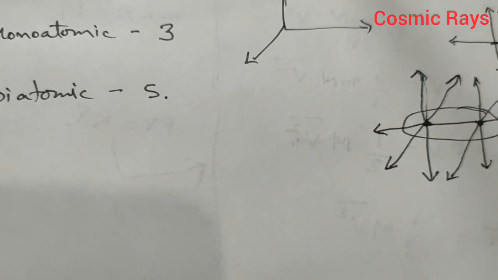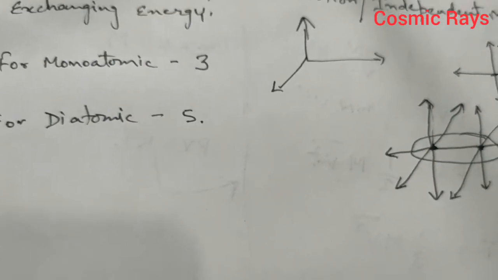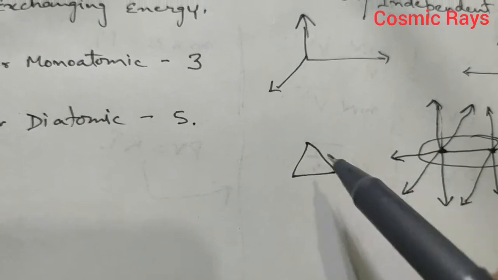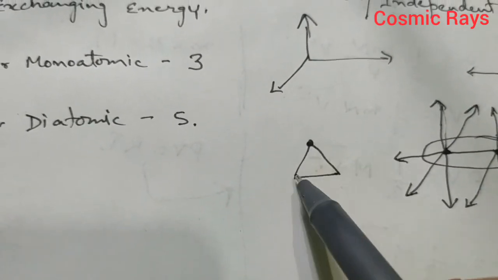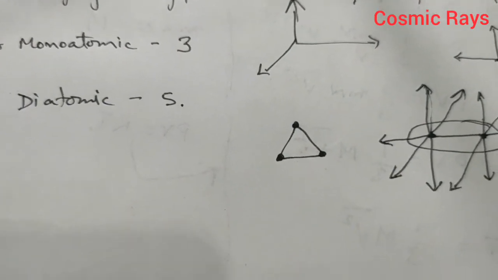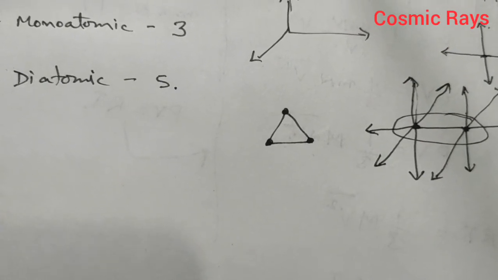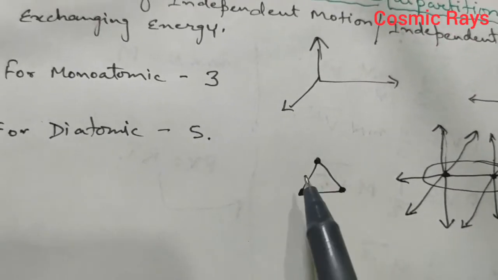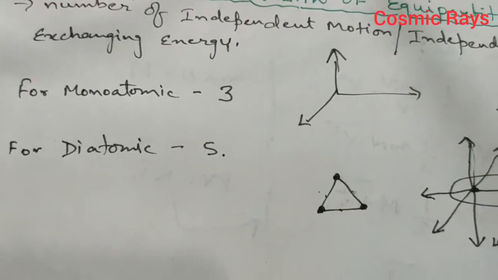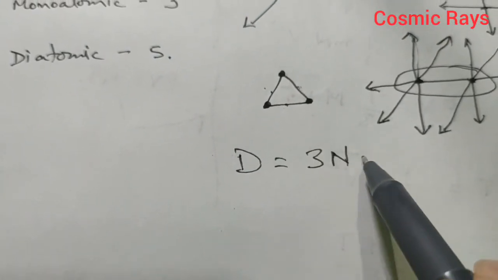Similarly, if we talk about a triatomic molecule where the particle is of this configuration, which is a non-linear configuration, then here there are 3 restrictions. For degree of freedom, we can also use the formula D is equal to 3n minus r.